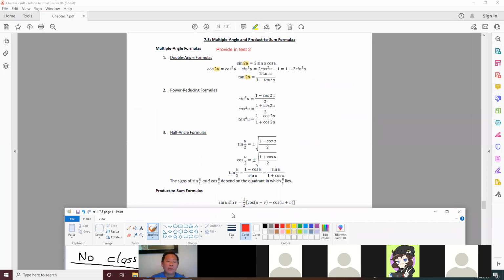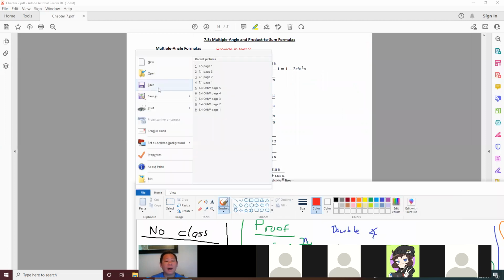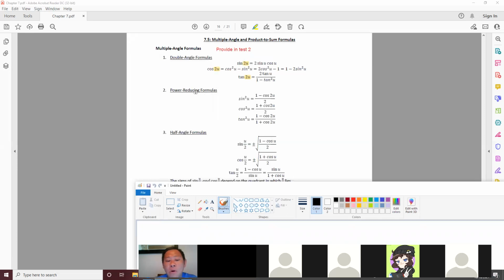Now the next thing I'm going to point out is the next formula. As you know, the next formula is called power reducing. What is the meaning of power reducing? It means you reduce your power. If you look at this formula, this is sine square u, all squared. Power reducing means you reduce the power from square to power 1.